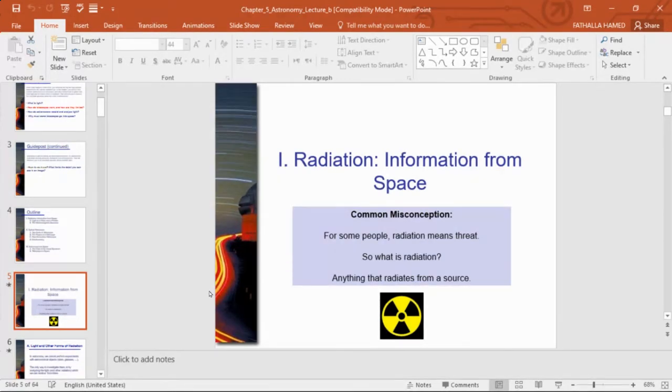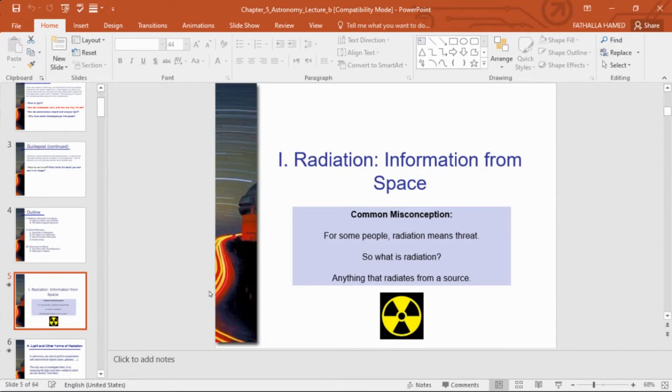And there is a common misconception here at the start. When you hear the word radiation, people are always alarmed. We have what we call non-ionizing radiations and ionizing radiations.